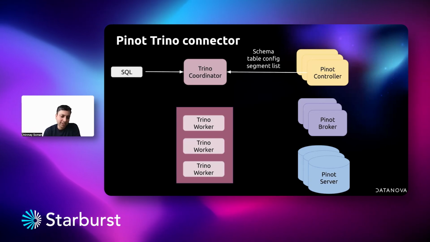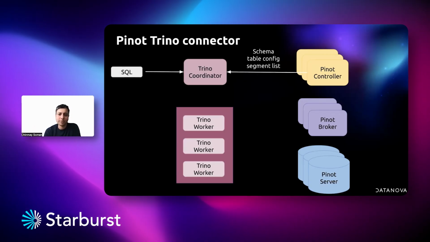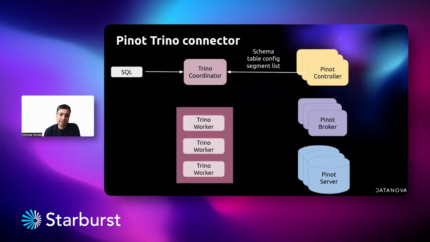Now, think of a segment as a small chunk or a subset of the data managed by Pinot. This includes all the columns within the schema in a columnar fashion, as well as any of the indexes that you have specified. And these segments, again, are located on different Pinot servers.